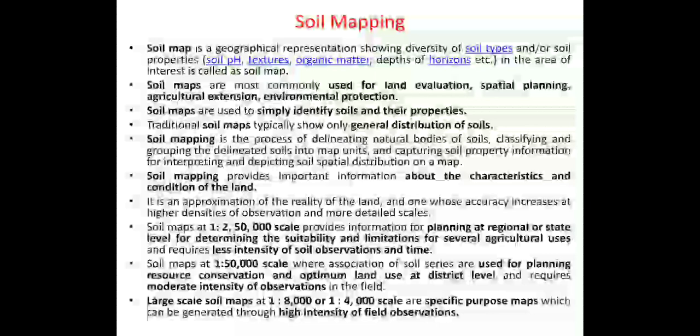First of all, what is meant by a soil map? A soil map is a geographical representation showing the diversity of soil types and soil properties, that is soil pH, texture, organic matter, and depth of horizons in the area of interest.